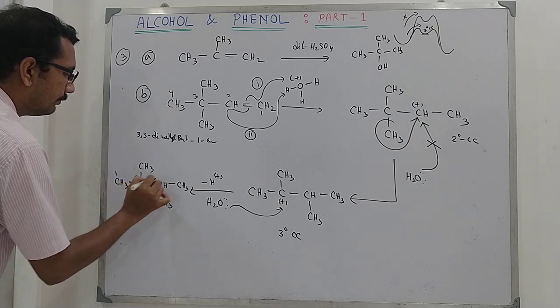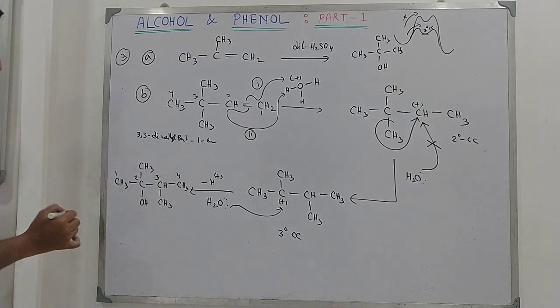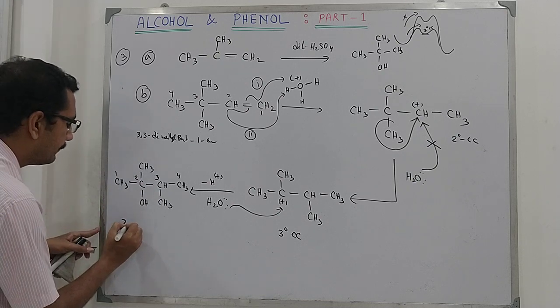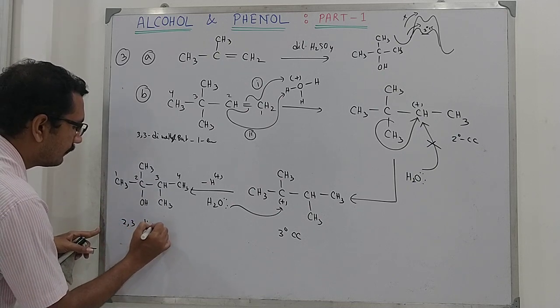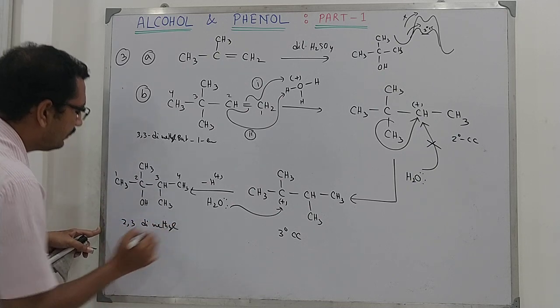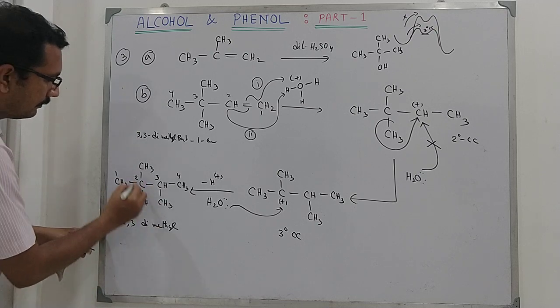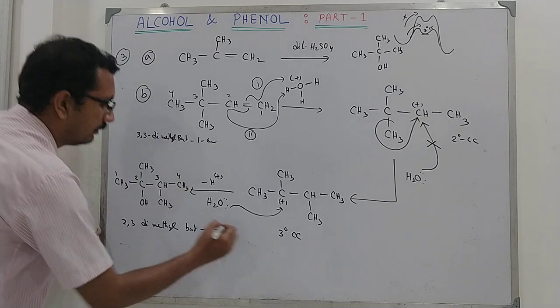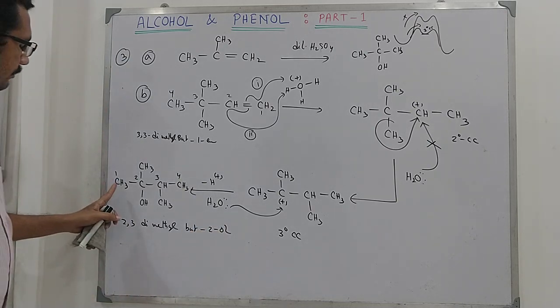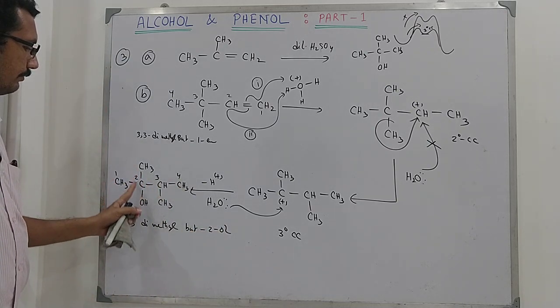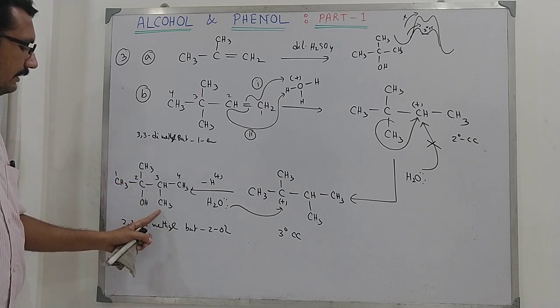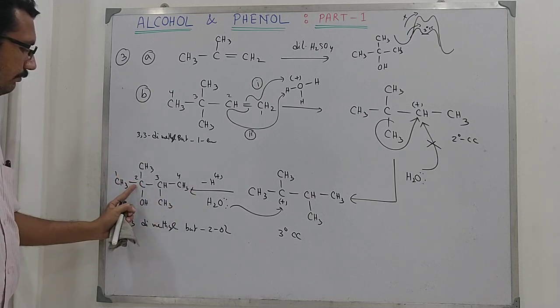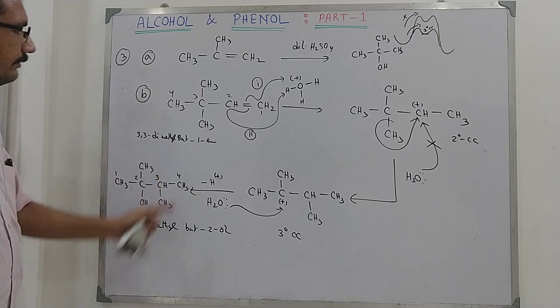This is 1, 2, 3 and 4. So it is 2,3-dimethylbutan-2-ol. So we get this product.